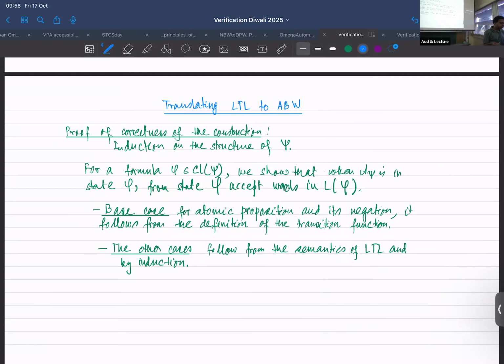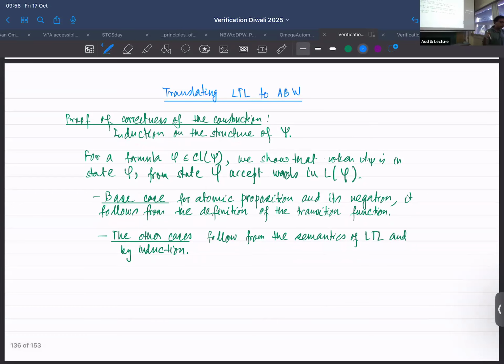When you are doing a translation, for every translation one also needs to do the correctness proof, which we did not do in detail. We are going to do this for the NBW, and this may be a homework. I'm not going to go over this in full detail, but the idea of the construction invariant is that for a formula phi in the closure of psi, whenever the automaton is in a state phi, from state phi it accepts all the words in L of phi.